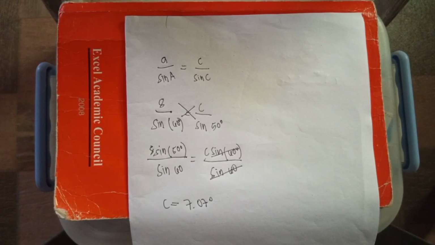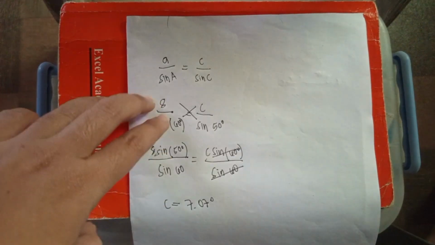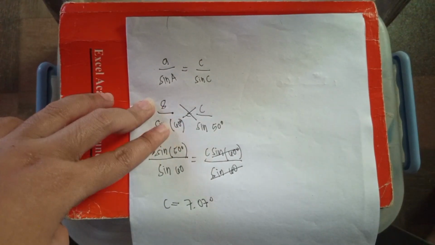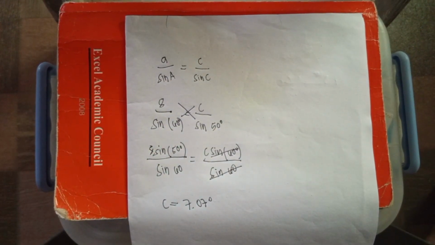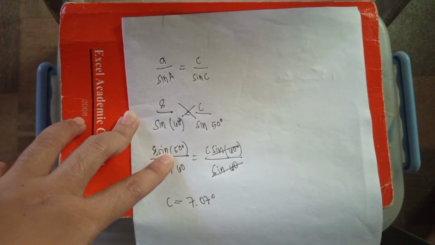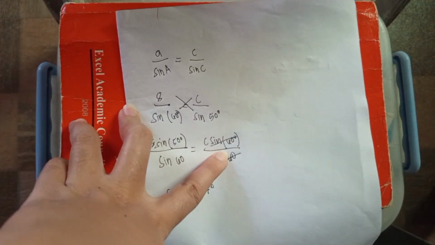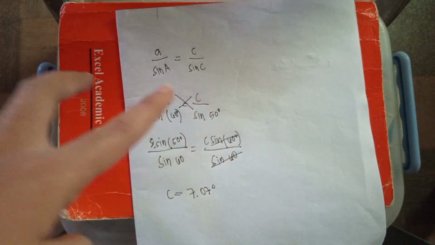Now we can go ahead and calculate the value of c. So we're going to use this equation: a over sine A, c over sine C. Side a is 8. So let's cross multiply. 8 sine 50 degrees equals c sine 60 degrees.